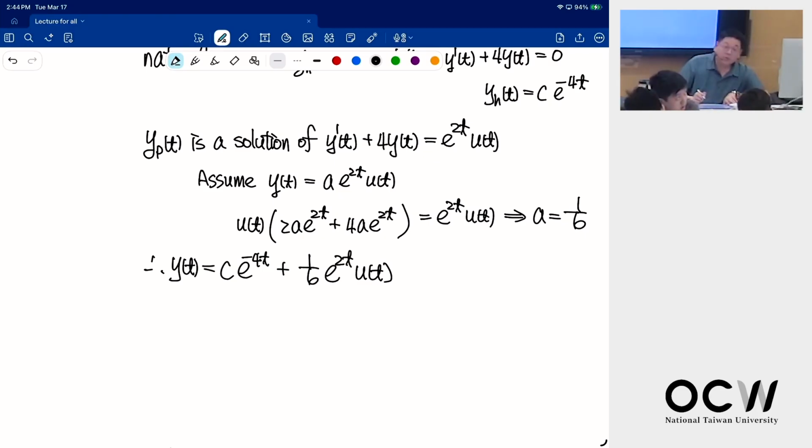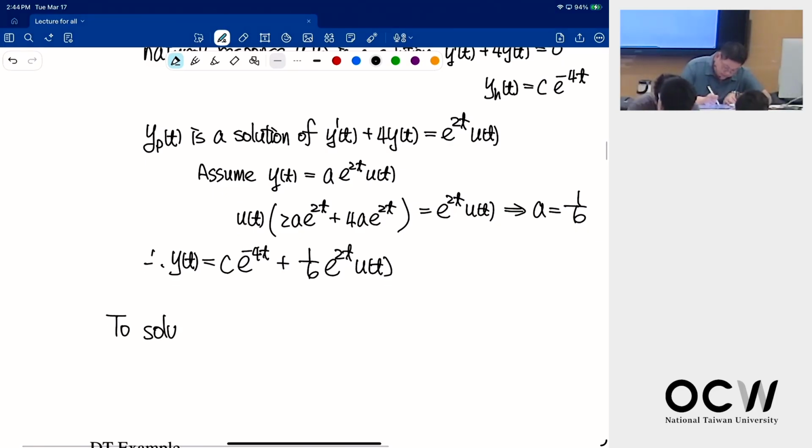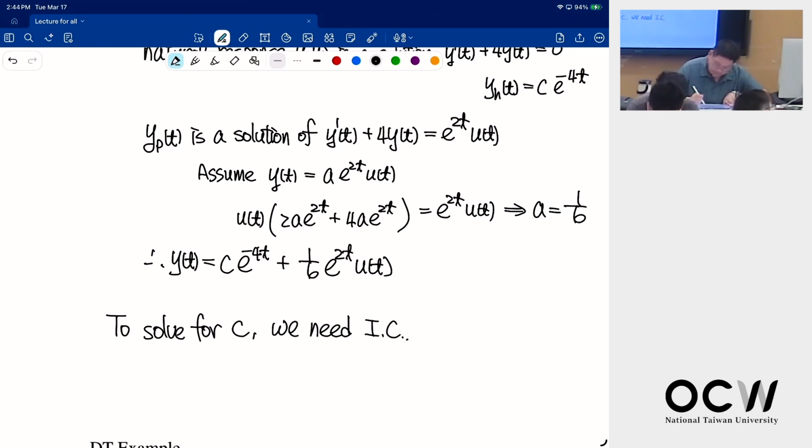We need an initial condition. For example, you let y of 0 equals 0, then you can get the constant C.